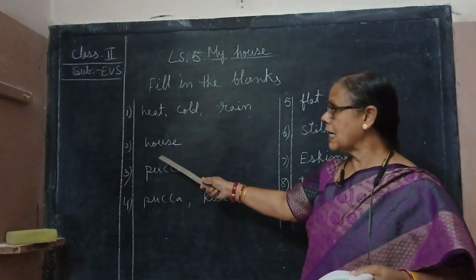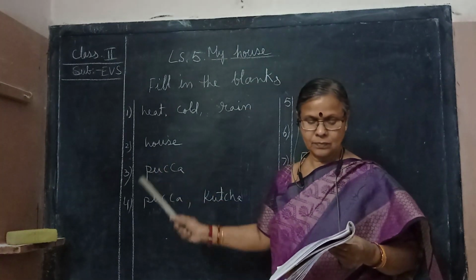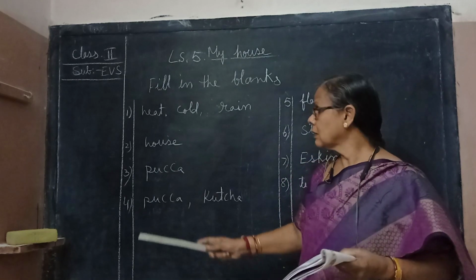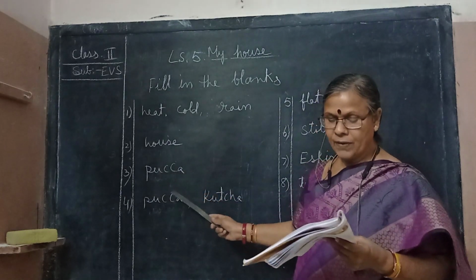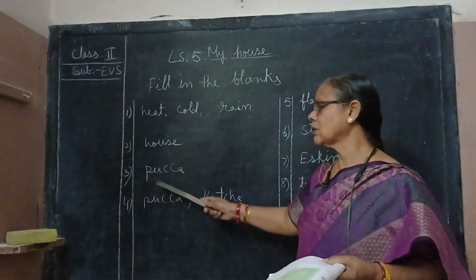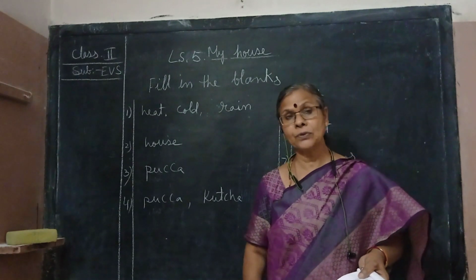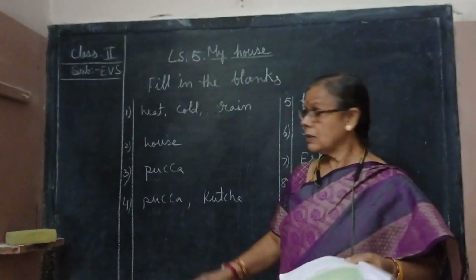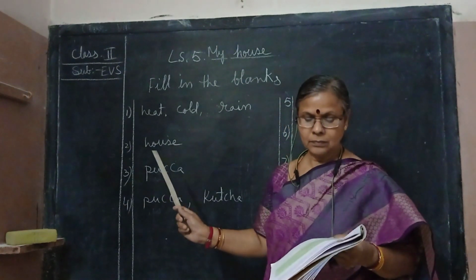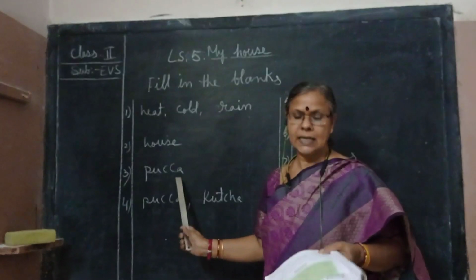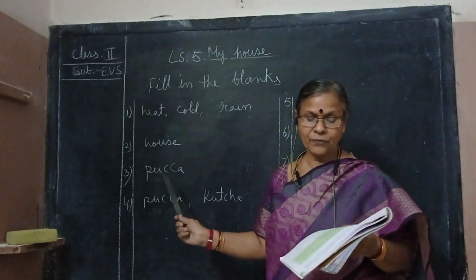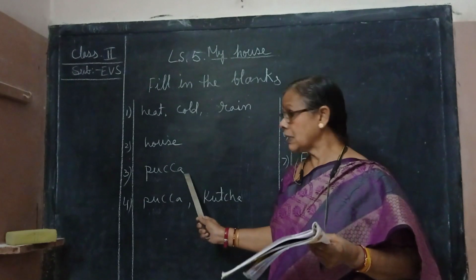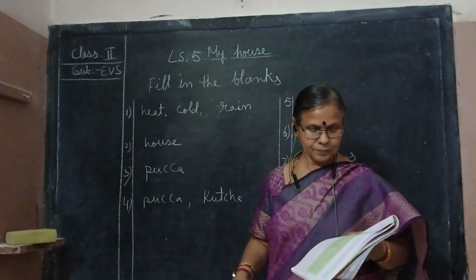Second, fill in the blanks, answer is house. Third, we find dash houses in towns. What type of houses do we find in towns? That is Pakka. P-U-C-C-A. Pakka. We find Pakka houses in towns.